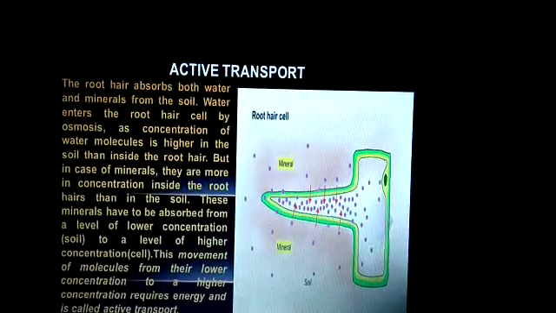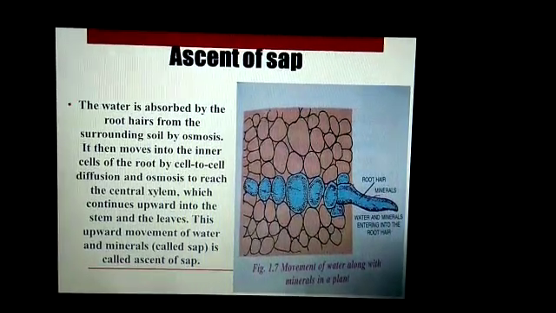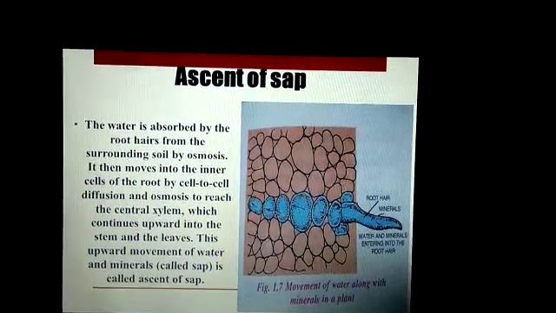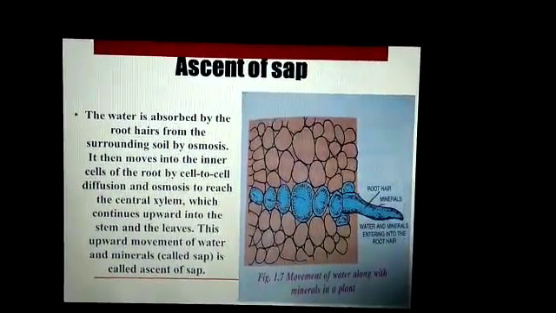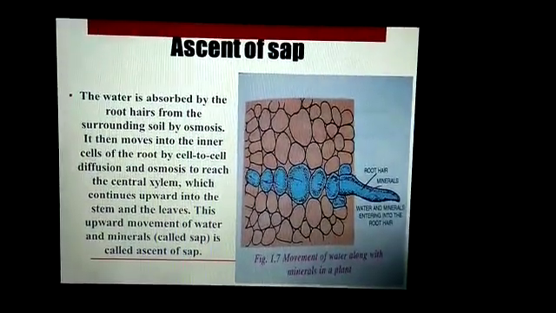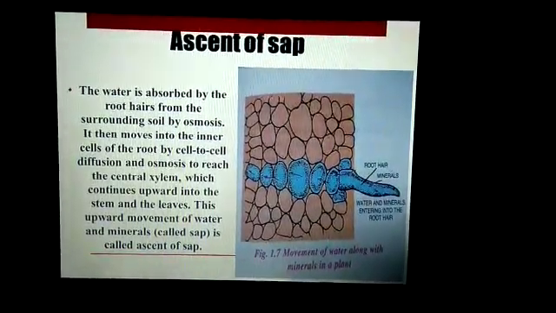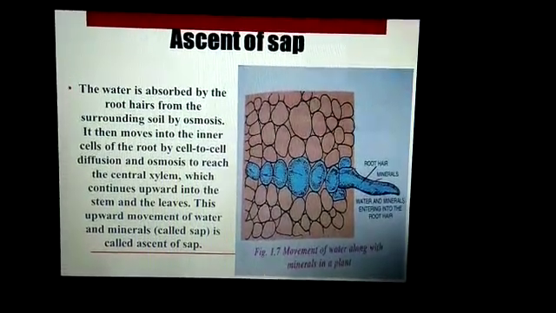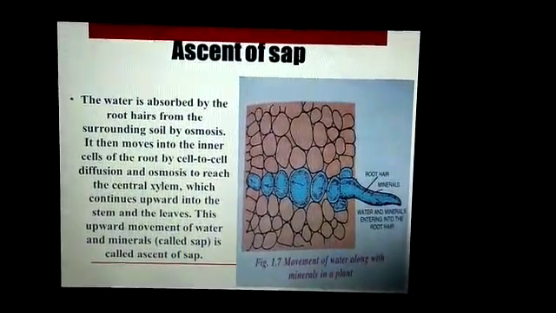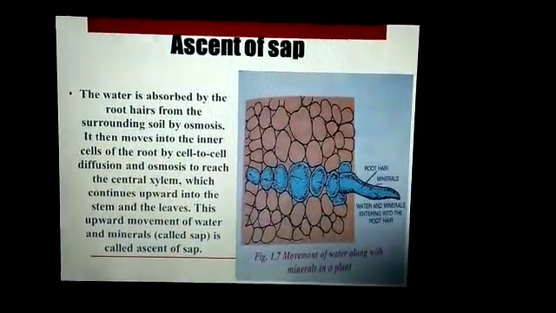Now the next one is ascent of sap. The water is absorbed by the root hairs from the surrounding soil by osmosis. As you have seen in the previous slide, the water is absorbed by the root hairs from the surrounding soil by the process of osmosis. It then moves into the inner cells of the root by cell to cell diffusion and osmosis to reach the central xylem.